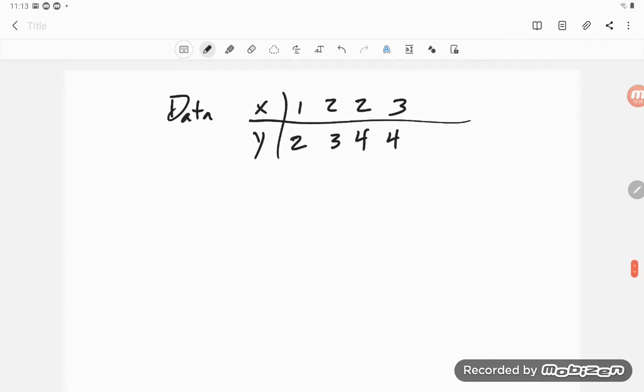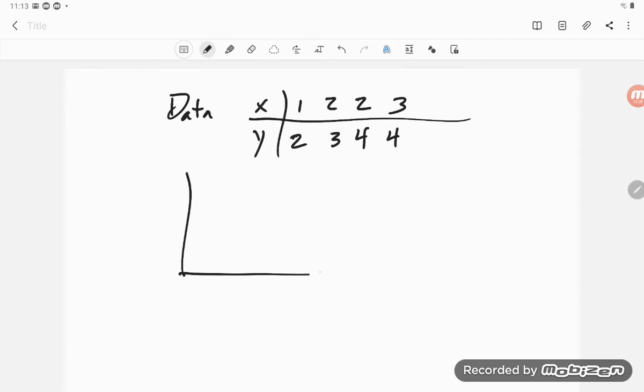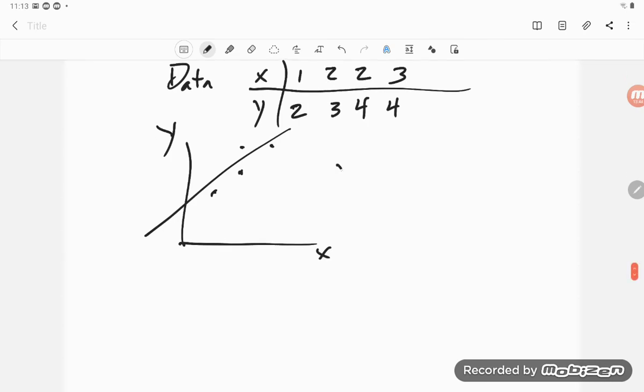Then to set this problem up, I've got my data here, and it looks something like this. There's x, there's y. I'd like to find the best fitting straight line, so that's y equals mx plus b.